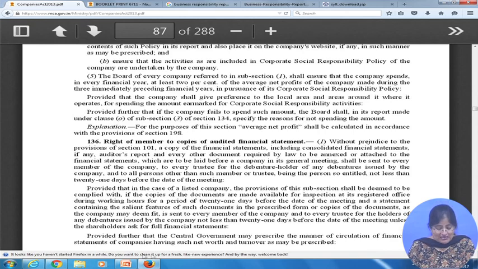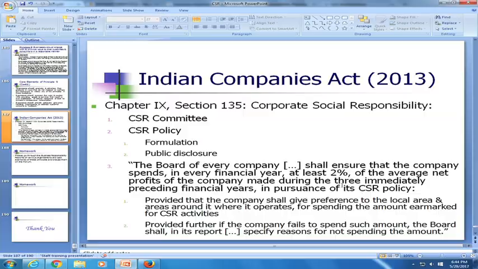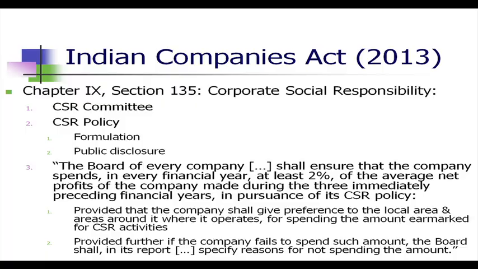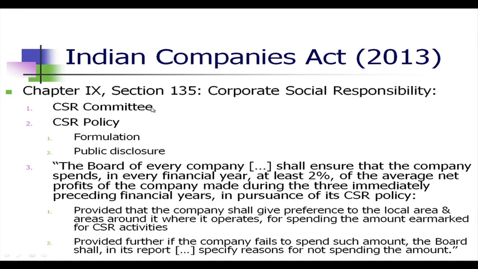So this is actually, you know, and I've condensed all this information and put it on this slide here. This is from the Companies Act, chapter 9, section 135, CSR. So you have to have a CSR committee with one member of the board specially designated for CSR activities.